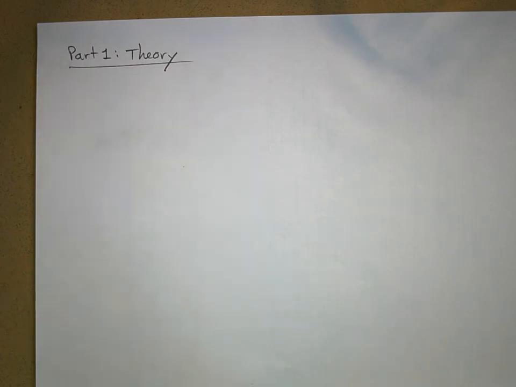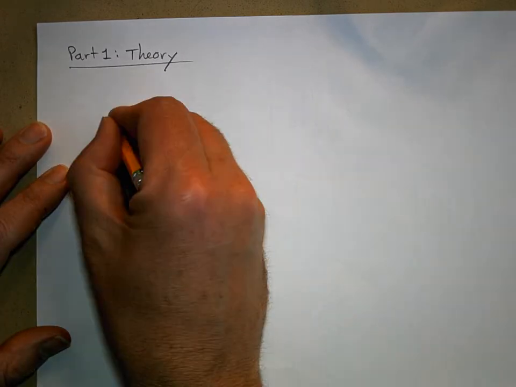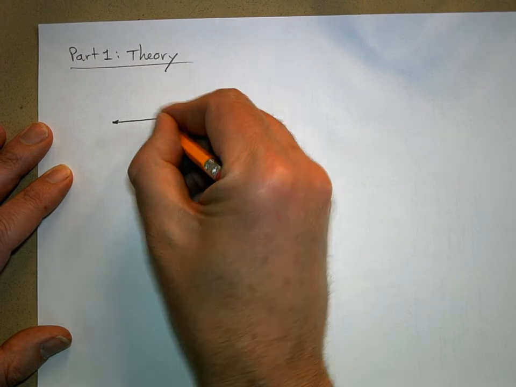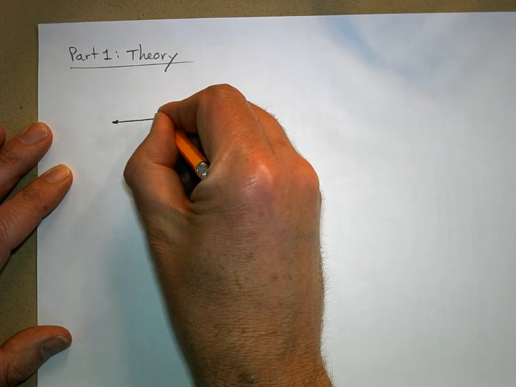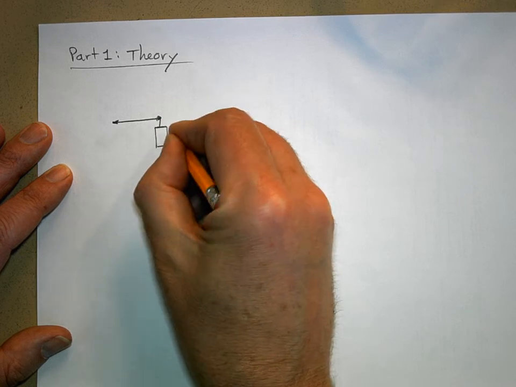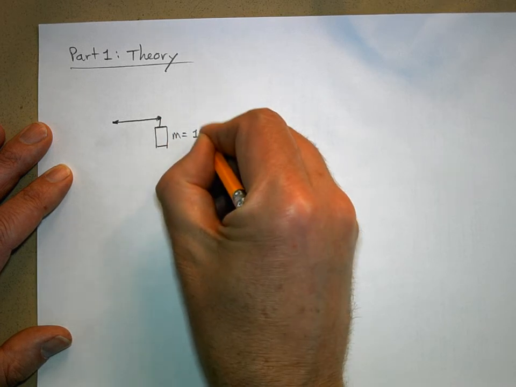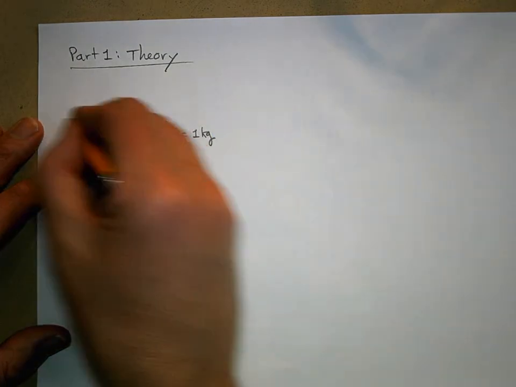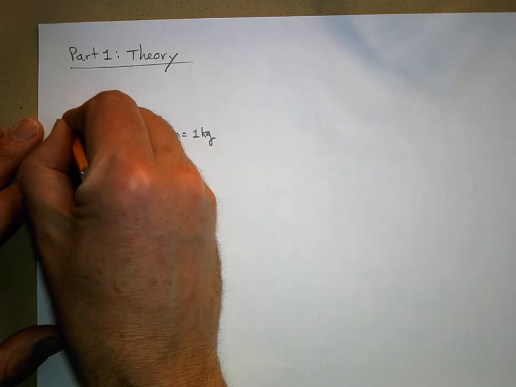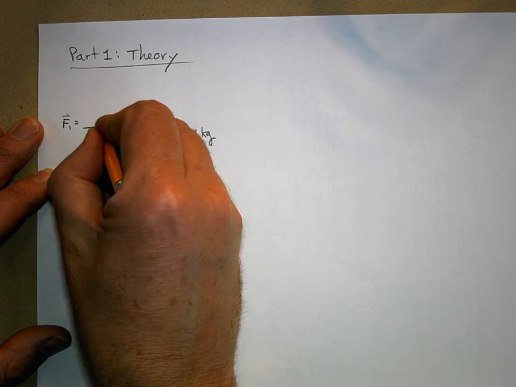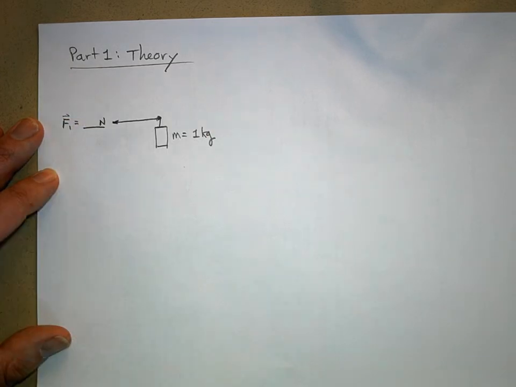So, what we're gonna do is set up the same problem. You're gonna have a string tied to a hooked mass. But now the mass is going to be equal to 1 kilogram. And you're going to pull it to the left, but F1 is going to be equal to blank newtons.